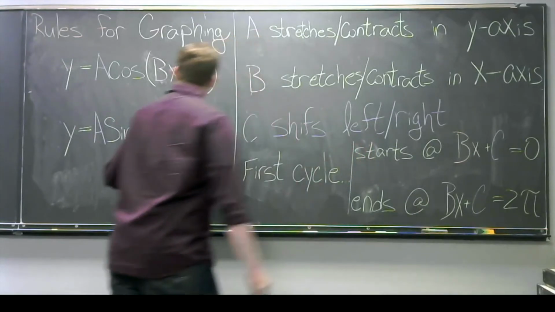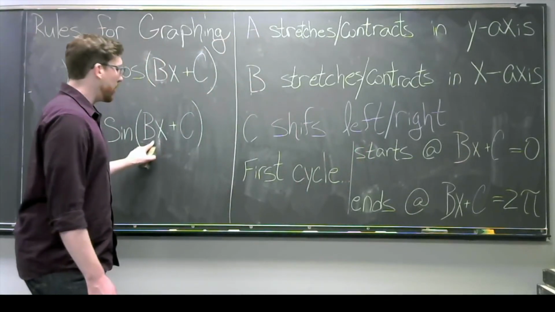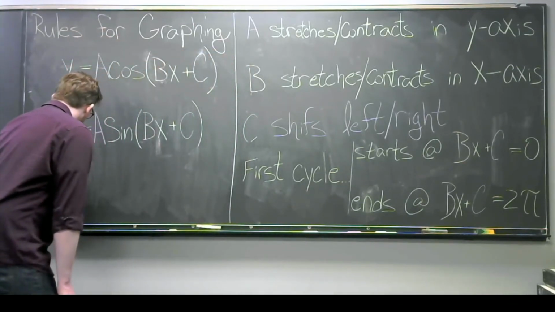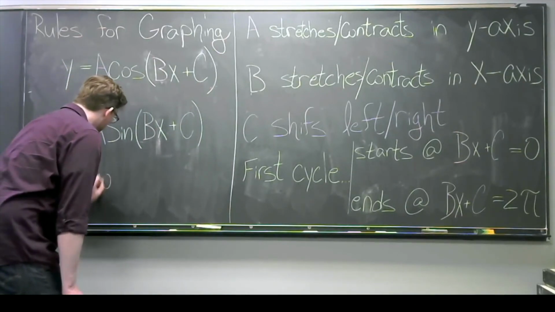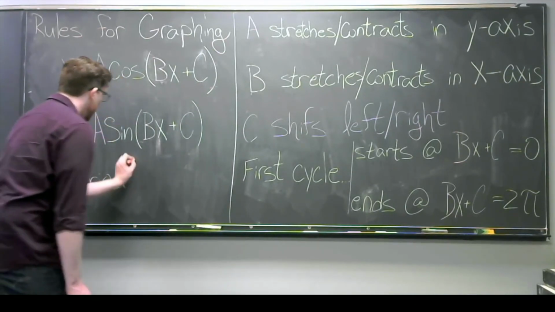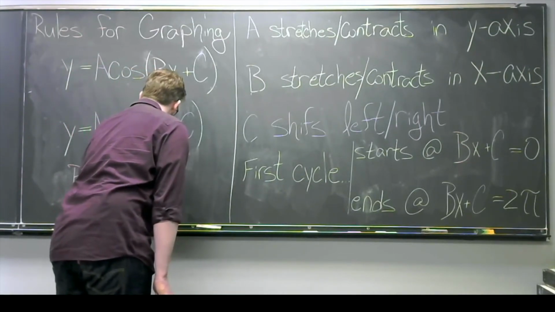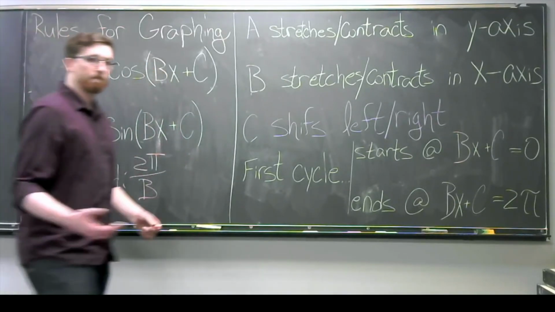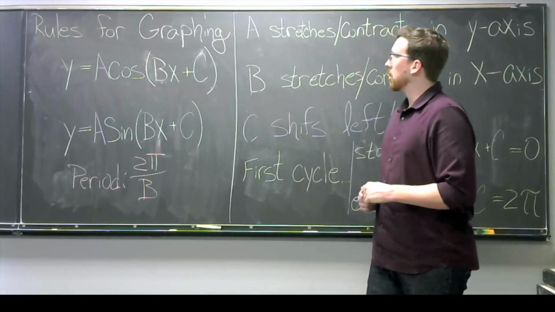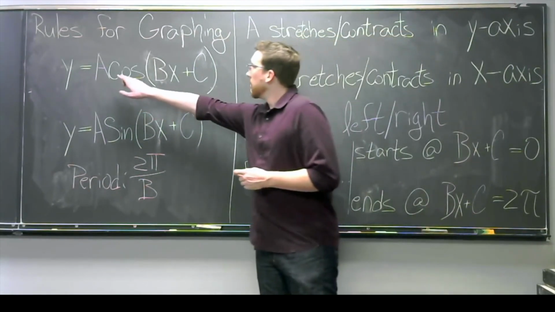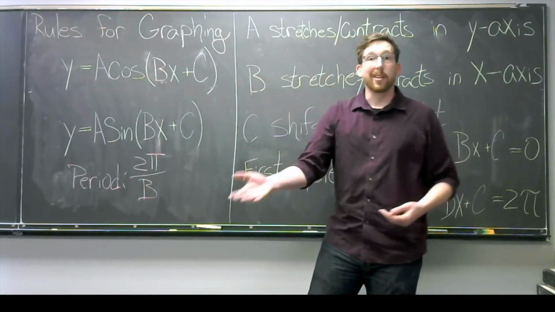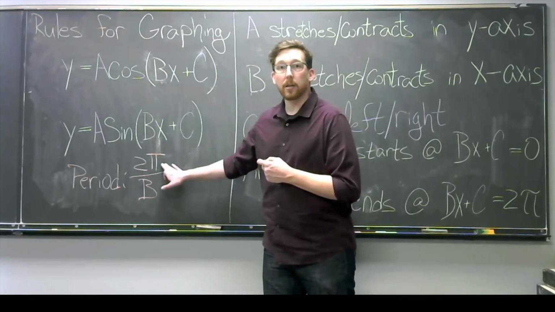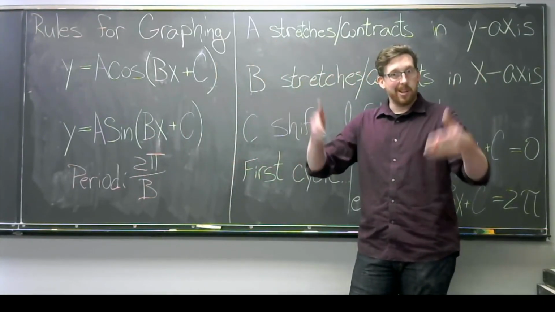Instead, if we have a b that we're multiplying by that's not 1, then the period will be 2 pi over b. So if we were to say cosine of 2x, like our last example, well, the period became just pi. And we saw that, right? It ended at pi.